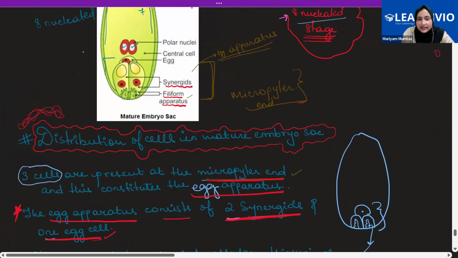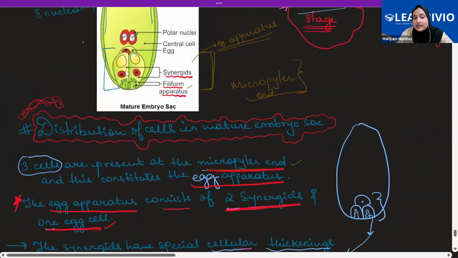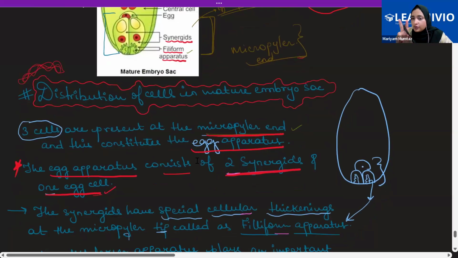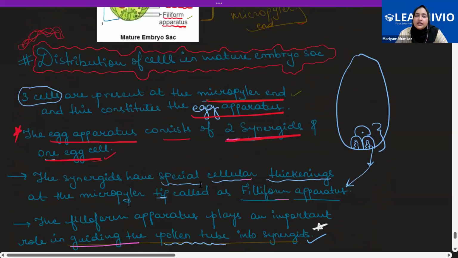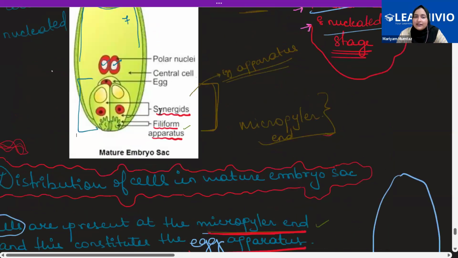In these 3 cells, the 2 large cells are called the synergids, and the one behind them is the egg cell. So 2 synergids and 1 egg cell together make the egg apparatus. Now, do you see this lettuce-leaf-looking structure?